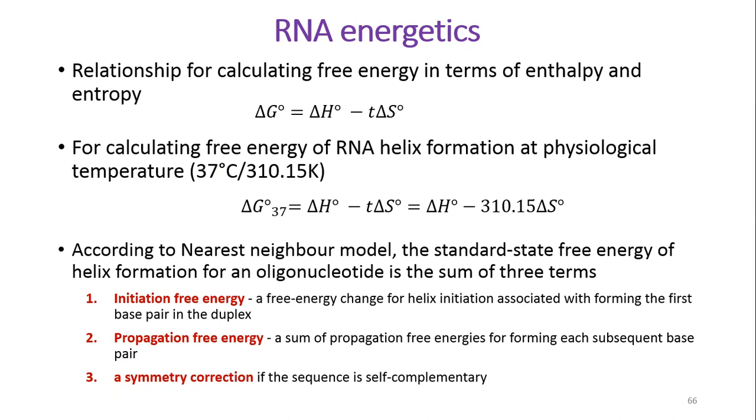The free energy associated with the first base pairing while the folding process is going on, we call the initiation free energy. And once the first base pairing has happened and the secondary structure starts to form by subsequent base pairing of the remaining nucleotides, that is used in calculating the propagation free energy.